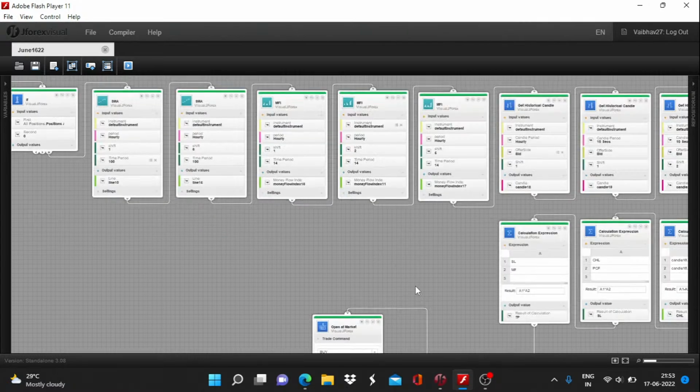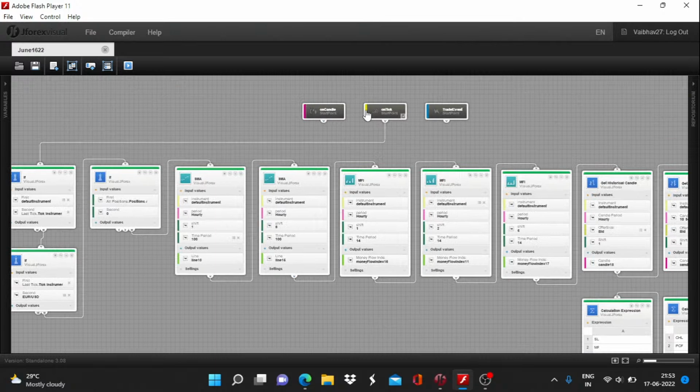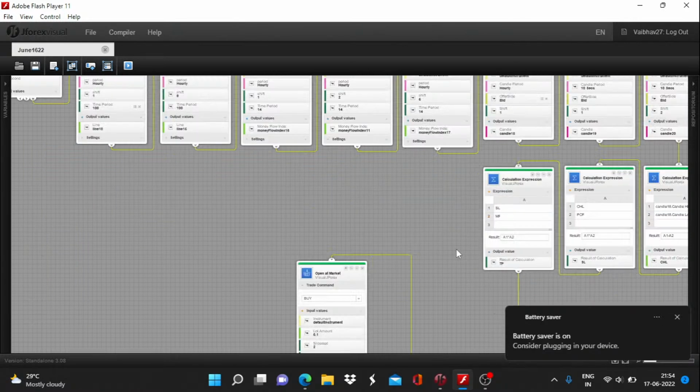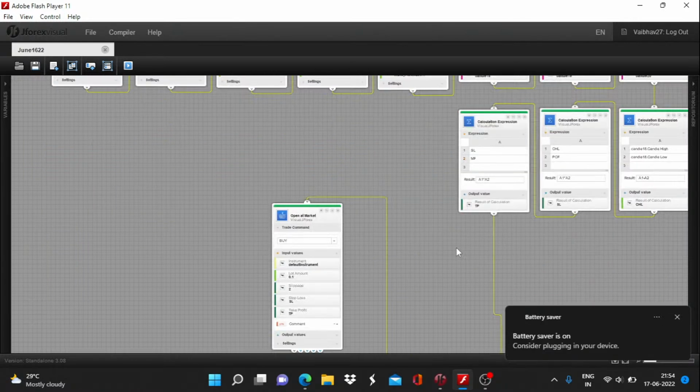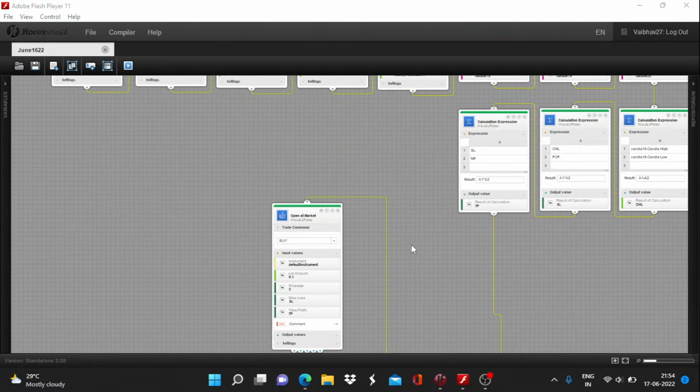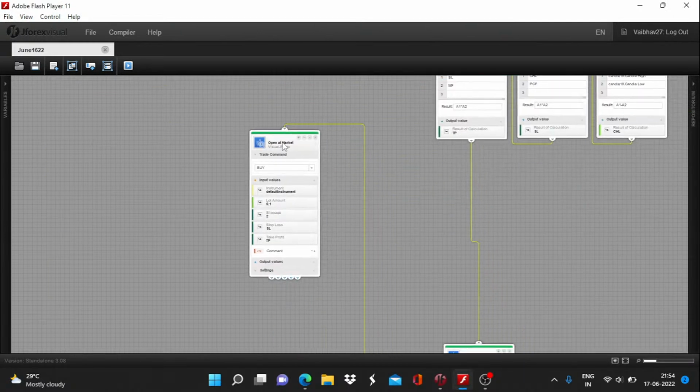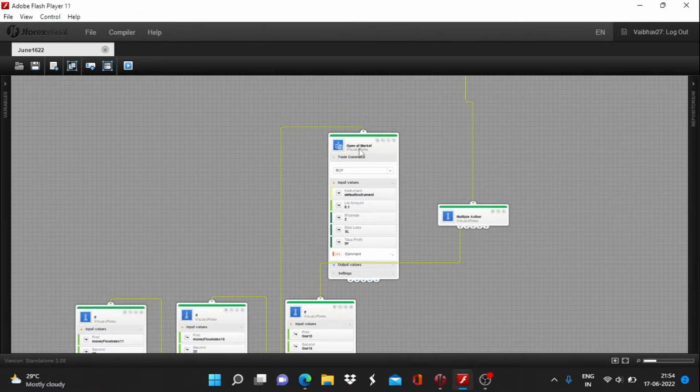Let us color code it to see if the buy side which we have defined, it is getting the iteration flow till the very end. Yes, it seems to be working all fine.